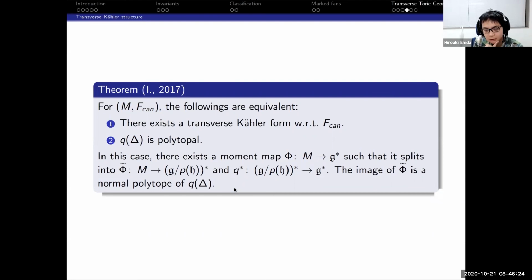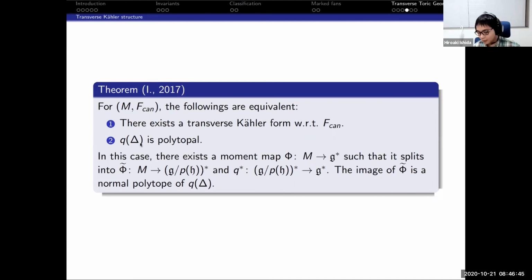The first statement is that there exists a transverse scalar form with respect to the canonical foliation. The second statement is that the corresponding complete simple marked fan is polytopal.